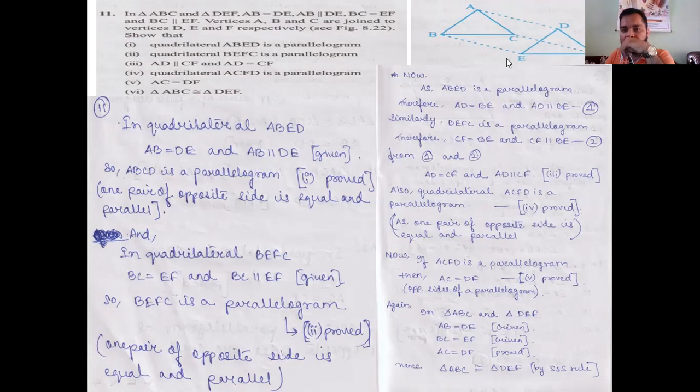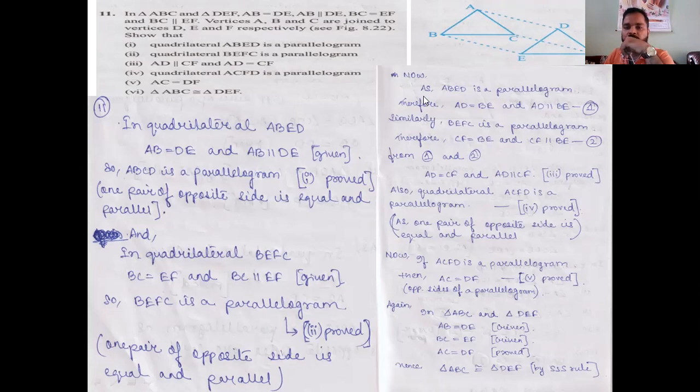Also, BE is parallel to CF. Why? Because BEFC is also a parallelogram. So, just to recall one theorem, lines parallel to the same line are parallel to each other, which means if AD is parallel to BE and BE is parallel to CF, all three lines are parallel to each other. So you see the first part is solved, that is AD is parallel to CF.